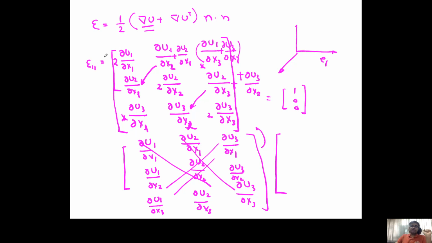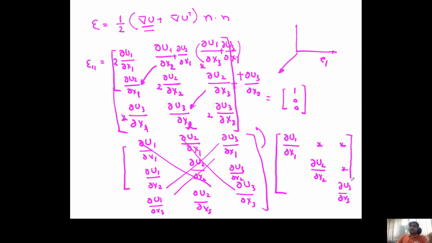And all we are interested in is this part, okay? So if you look into it very carefully, we have del u1 by del x1, then some term here, by symmetricity the other half will be automatically the same, some term here, and then del u3 by del x3.